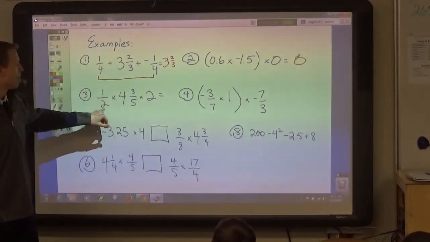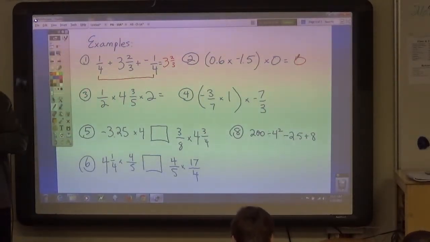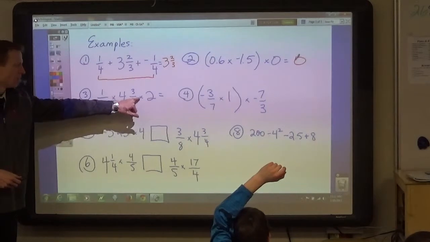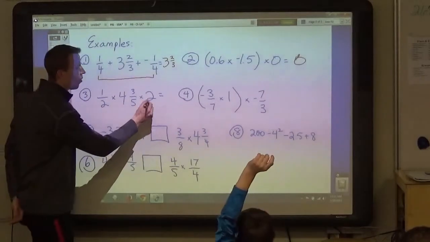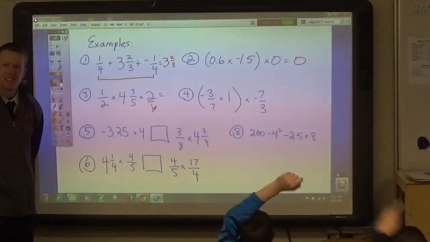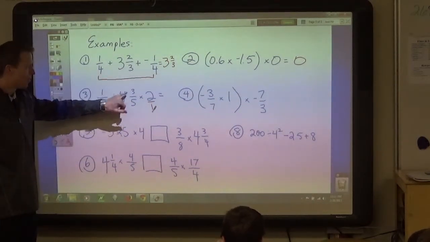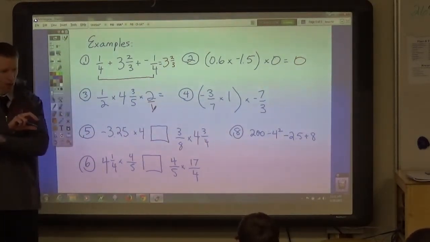Now, how about this one? What property does this use, Asa? Look at the numbers. 1/2, 4 3/5, 2. How about 2/1? Those are reciprocals, aren't they? So, should we do 1/2 times 4 3/5 first? No, let's change the order.